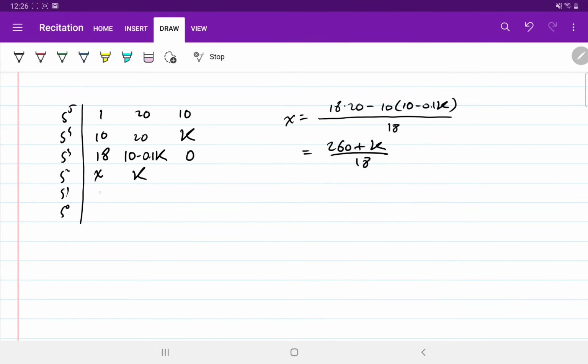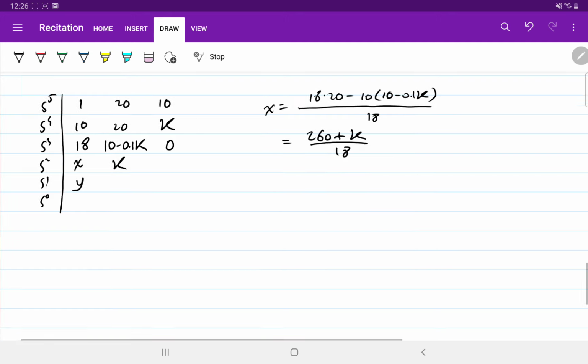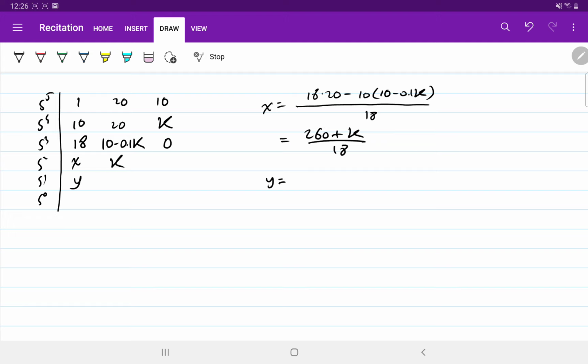How about this term? Let's say y. So we need to compute y. Y is what?